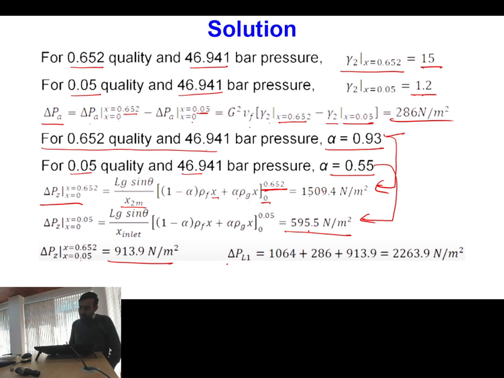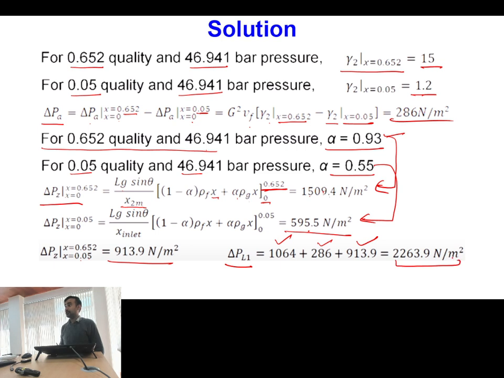So then my total pressure drop will be frictional pressure drop plus acceleration pressure drop plus potential pressure drop. So that is nothing but my total pressure drop. But this total pressure drop is now only for which section?